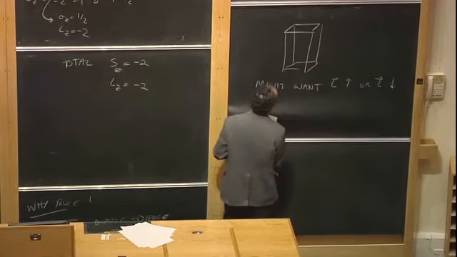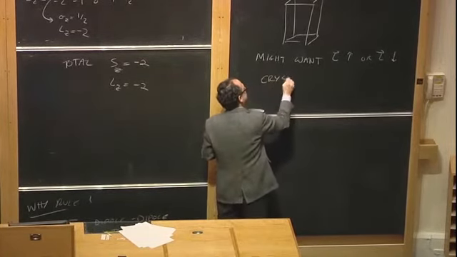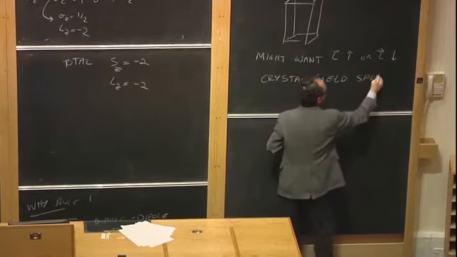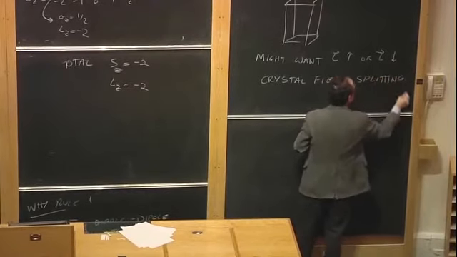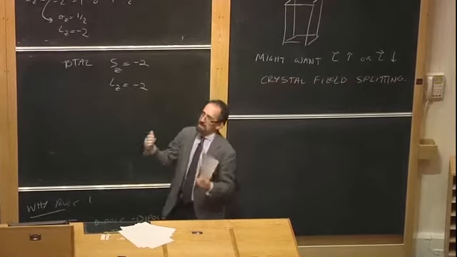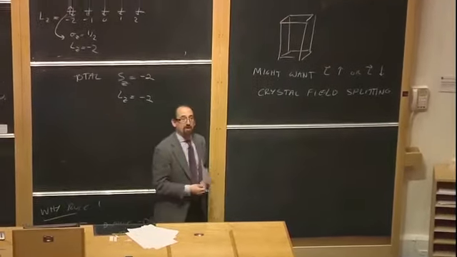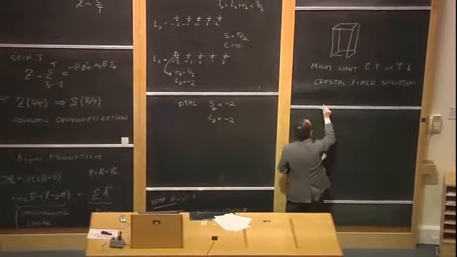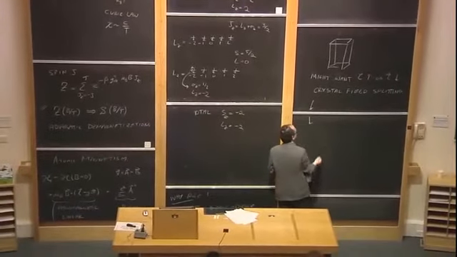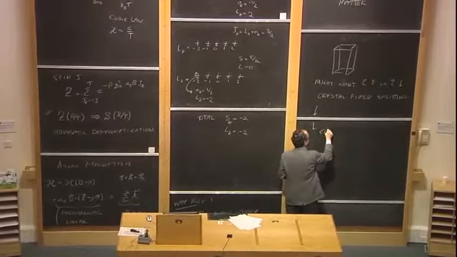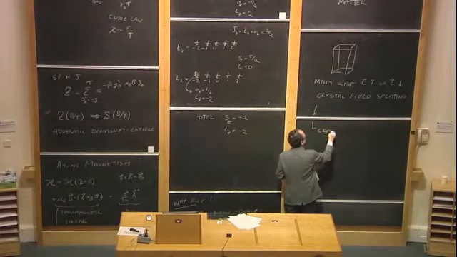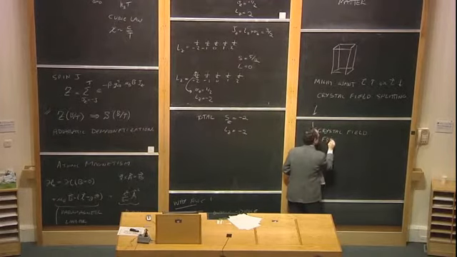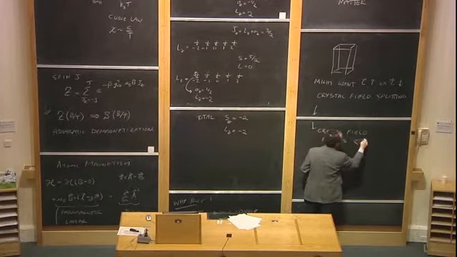This is what's known as crystal field splitting, where the environment of an atom tends to fix which angular momenta are allowed and which ones are not allowed. One thing that happens in this case, which is particularly important, is that sometimes you can get a situation where the crystal field, and it's actually quite common, forces L to basically be 0.